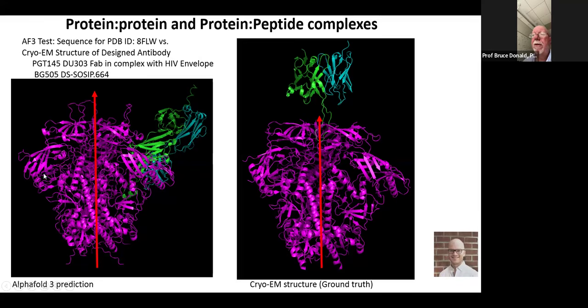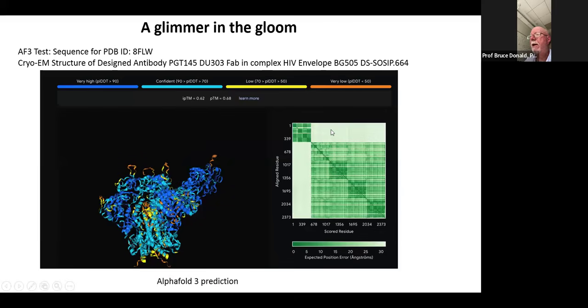And it has confidence in the purple piece, which is reasonable. It's actually reasonably close, but it has no confidence on the relative error of distances between the magenta thing and the green or cyan things. That's what this is telling us. So actually in this figure, if we analyze it, it's telling us that it's not confident, even though it shows us a structure.